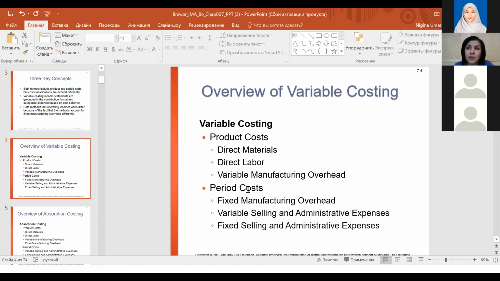In period costs, we include fixed manufacturing overhead, variable selling and administrative, and fixed selling and administrative.